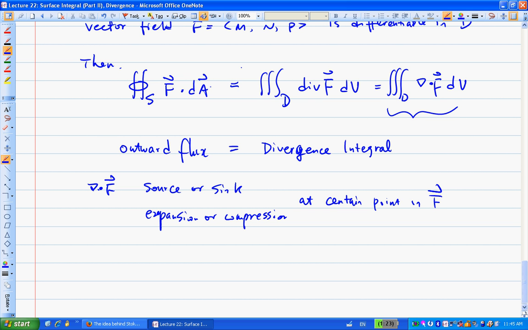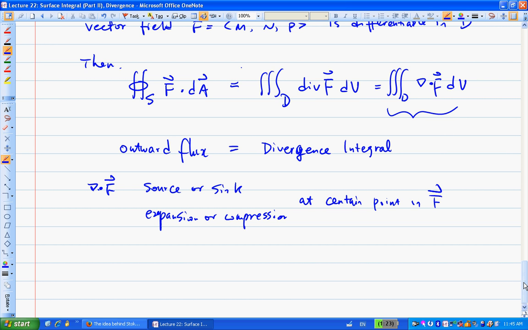So the air cannot be contained all the time in the tire, and it's going to leak out. That's flux out of the tire surface, so you would expect a positive flux. Similarly, the total effect would be an expansion, or a source, after this integral. So that's what this divergence theorem is.